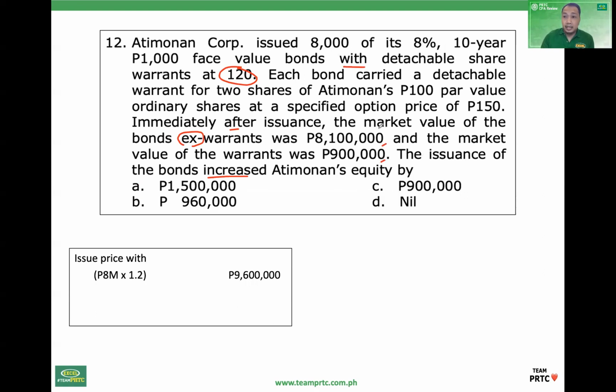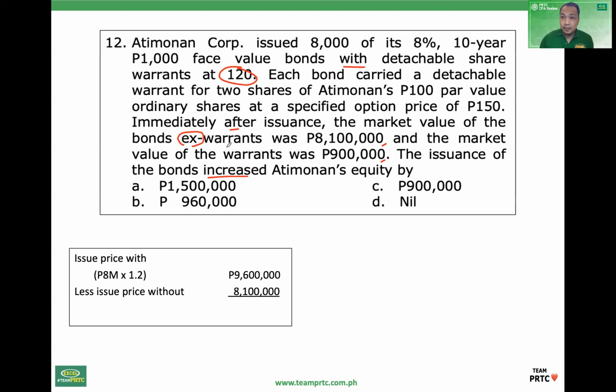So again, dati, ina-allocate kasi ito pro rata. Pero yung pro rata allocation is not consistent with the nature of equity. So para consistent, ang equity dapat residual. So without the warrants, 8.1 lang. So notice the difference created by adding the warrants.